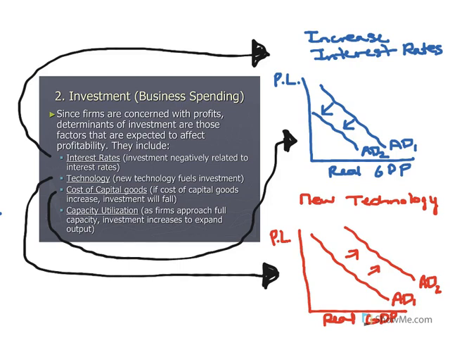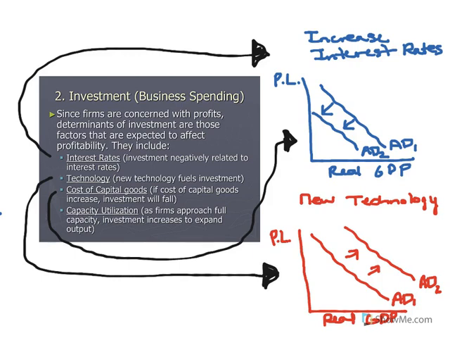And then the fourth category that influences investment expenditures is simply capacity utilization. The more excess capital, or what we call unused capital goods, there are available, the more firms can expand production without purchasing new capital goods.